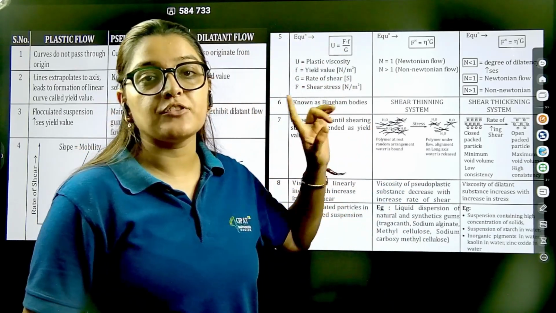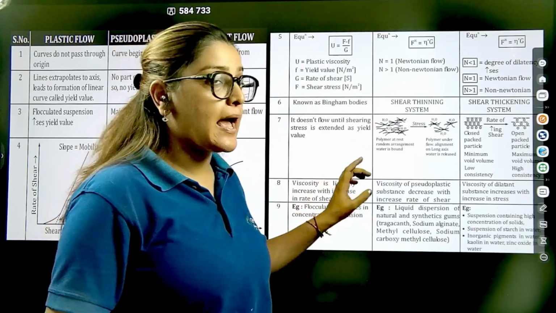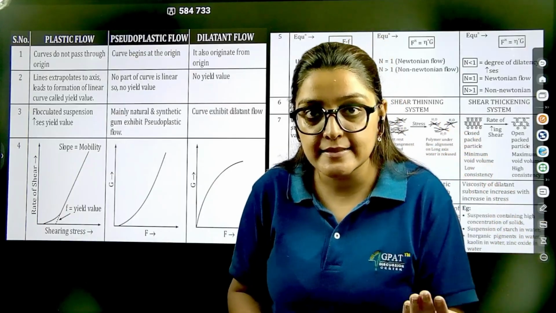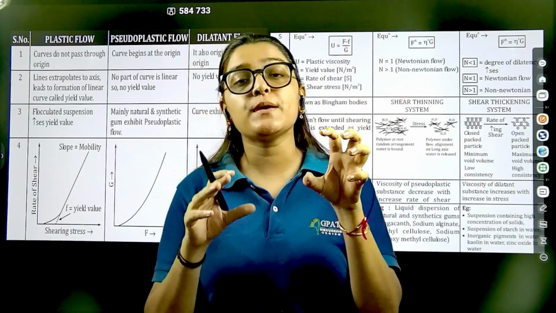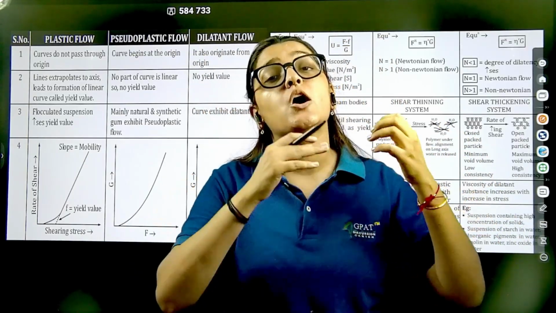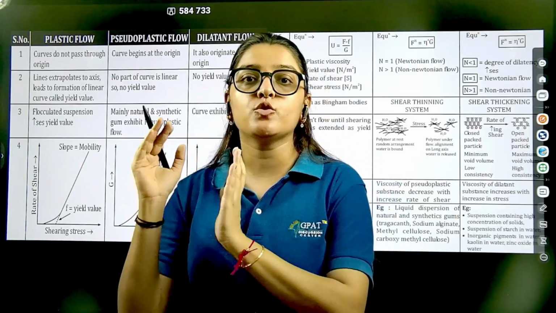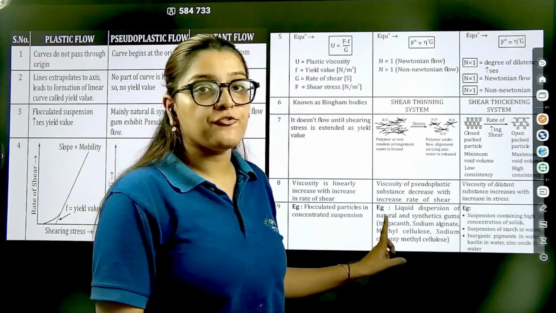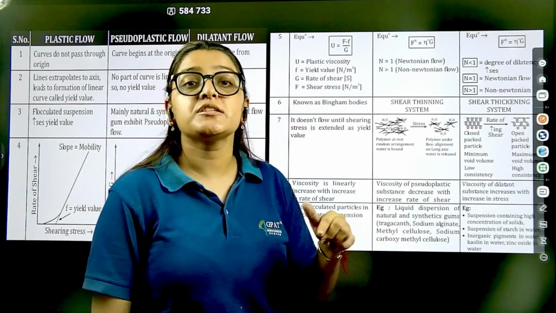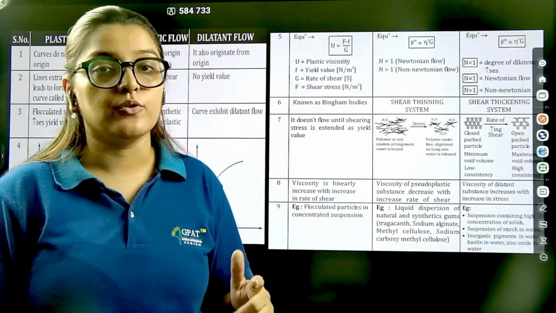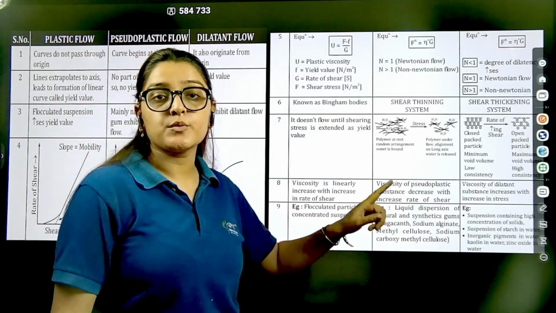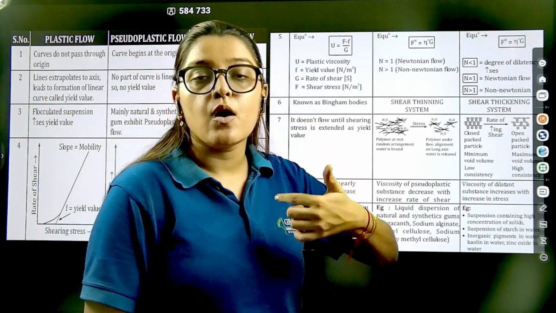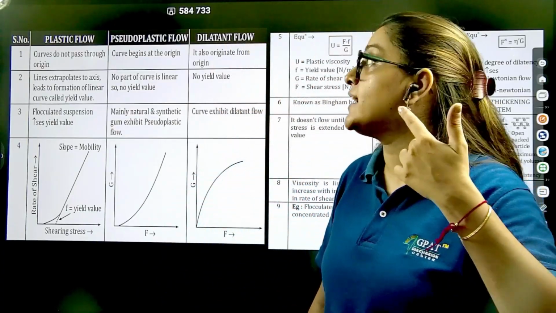Next, in the case of the plastic systems, the example is the flocculated suspensions, because you must remove these floccules, only then they will be able to flow, right? So we have the flocculated suspensions here which need an additional yield value, and afterwards the viscosity increases once you increase the rate of shear.